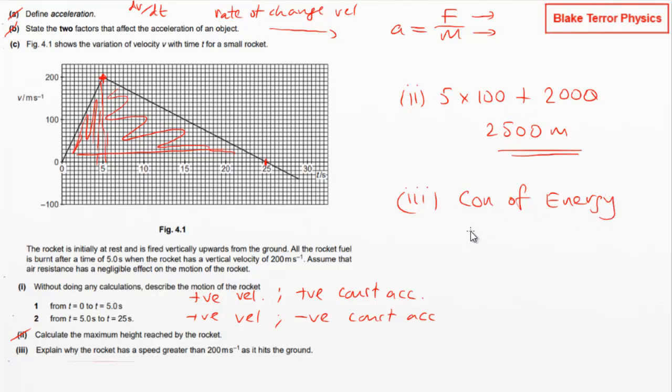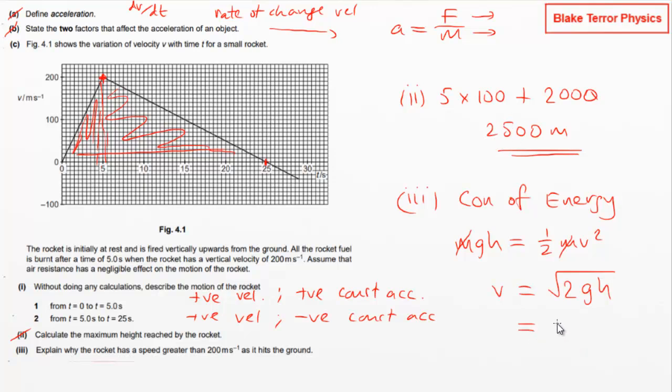So conservation of energy, we've got mgh equals half mv squared. That's what's happening there. So get rid of those. So our v is equal to the square root of 2gh. h we know is 2,500.